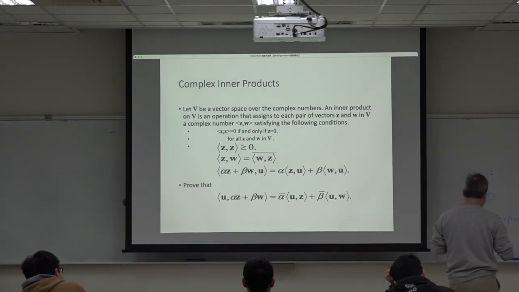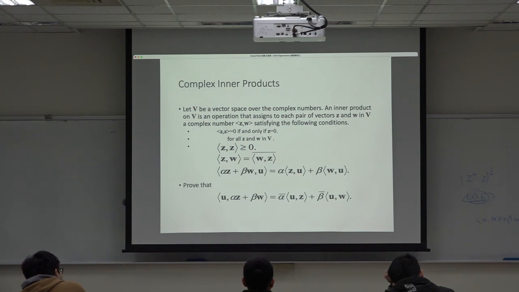So it will be alpha z u, plus beta w u with a conjugate at the top. Because it's an addition, you can break it up, so it's going to be alpha bar z u bar plus beta bar w u bar.